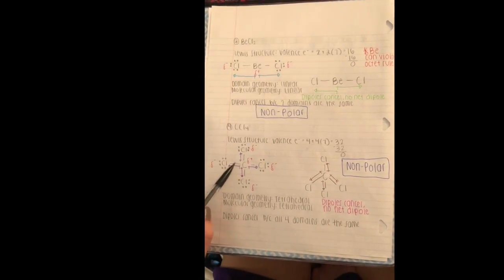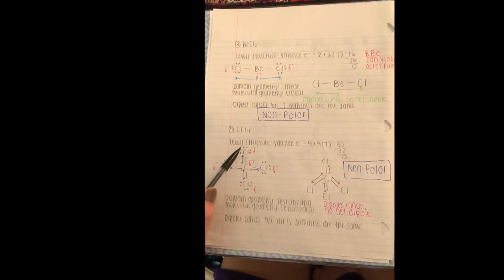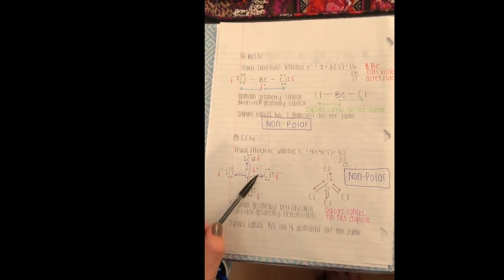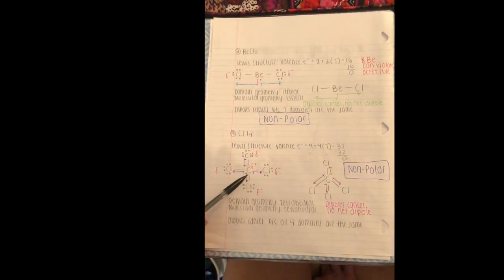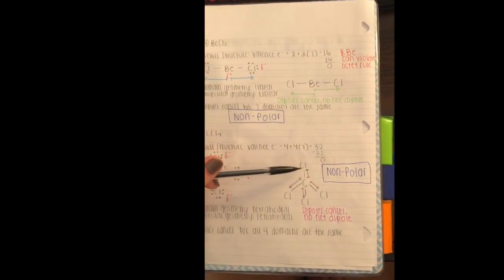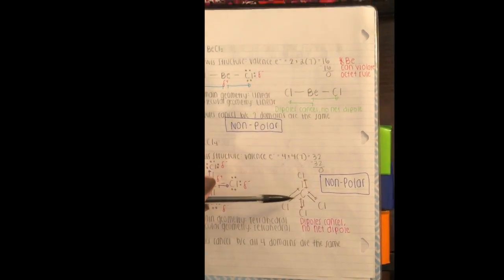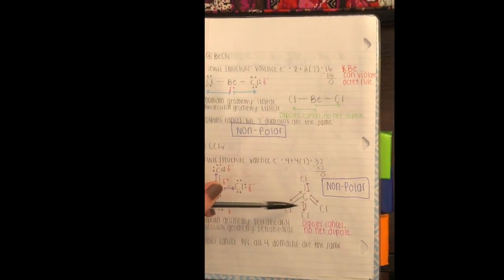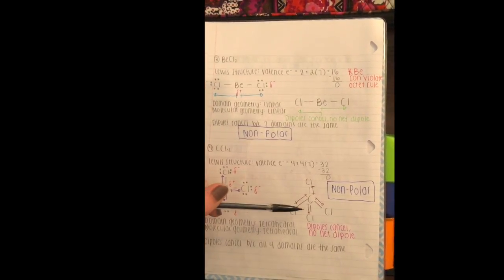So we draw our dipoles from the positive to the partial negative for every C and Cl. So then we count our domains, 1, 2, 3, 4. So it's a tetrahedral. The molecular geometry is also the same. That's a tetrahedral. So we come over here and draw it with our dipoles, and the dipoles cancel, so there's no net dipole. The dipoles cancel because all 4 domains are the same.